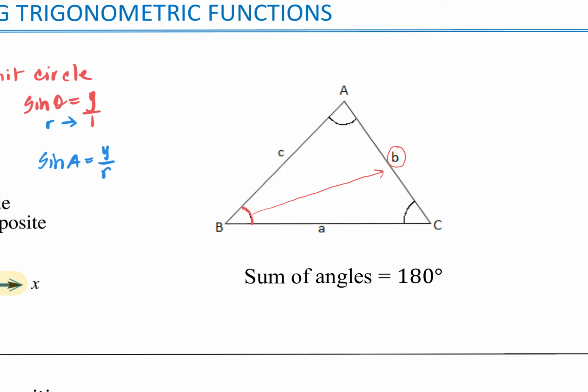And if angle B just happened to be the smallest angle of the three, then side B would have to be the smallest side of all three sides. If I look at angle A, it corresponds to the opposite side, which I'm going to call A. And let's say that A is the largest angle.